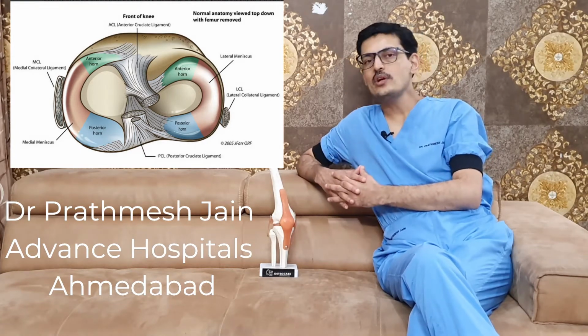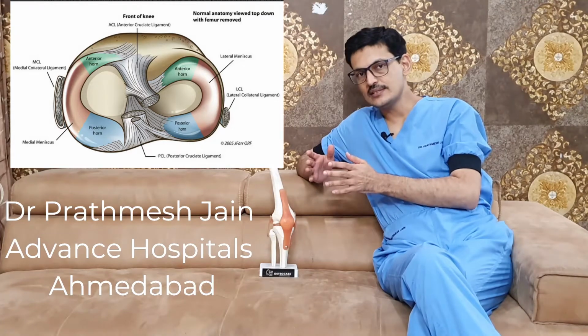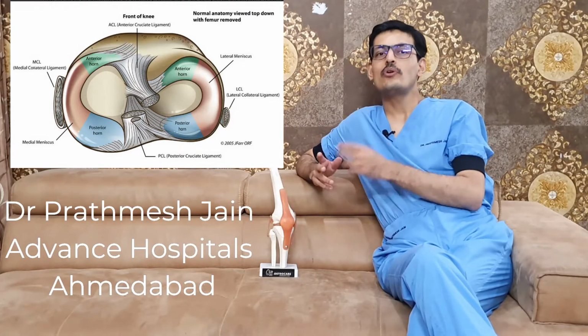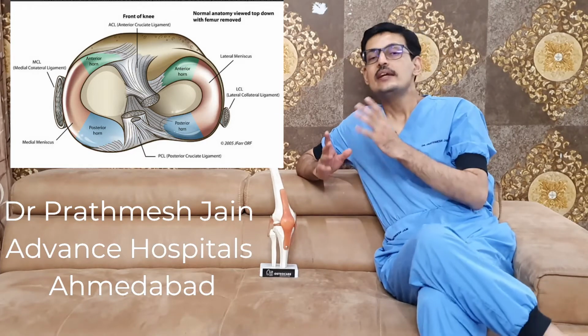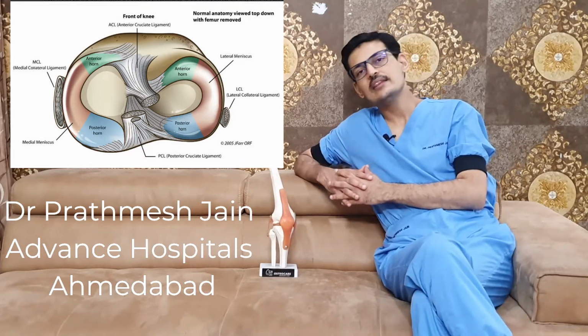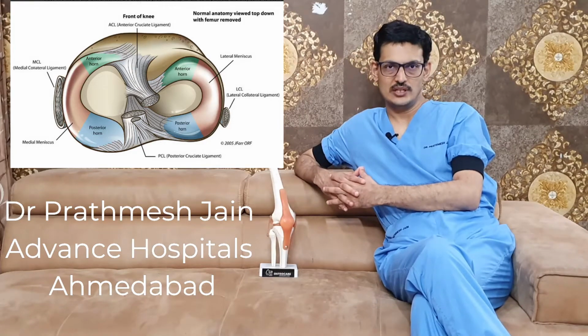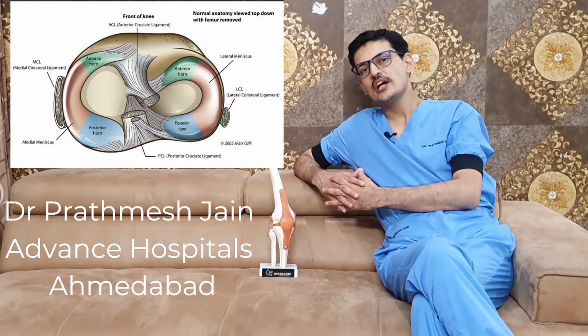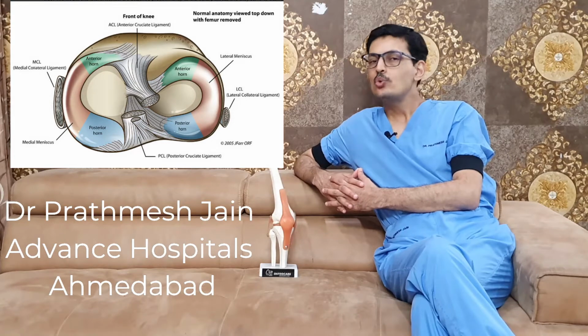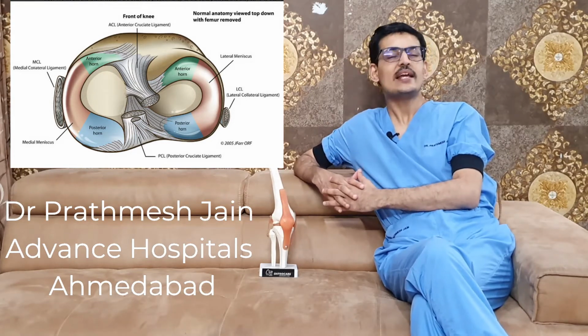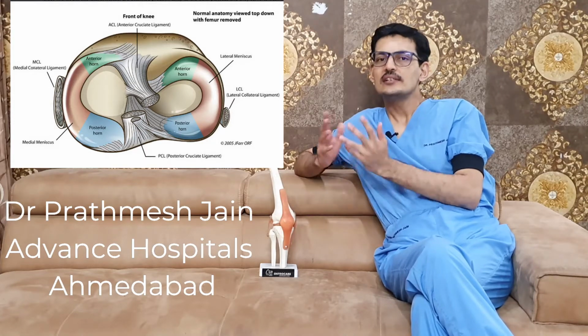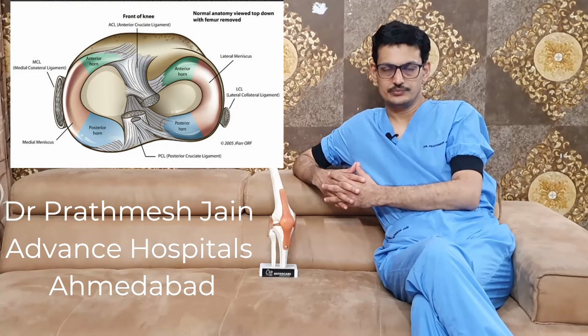Because the loading of the knee is more on the medial side, the chances of medial meniscus tears or medial meniscus injury are relatively higher than lateral meniscus injury. Lateral meniscus tears do occur, but they occur in combination with ligamentous injuries like ACL injuries and other ligamentous injuries.